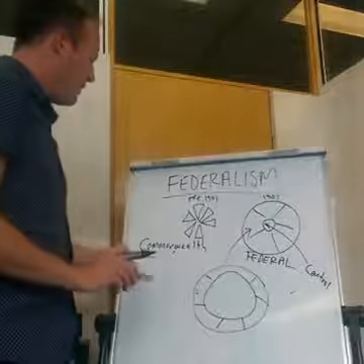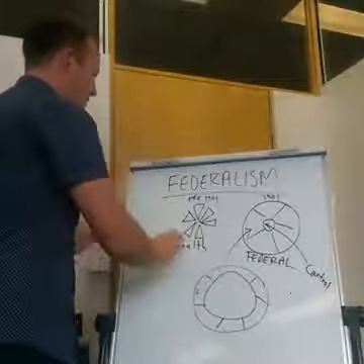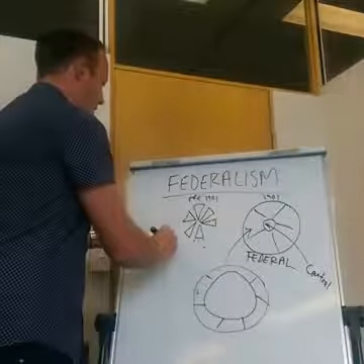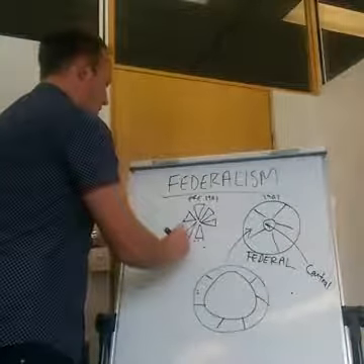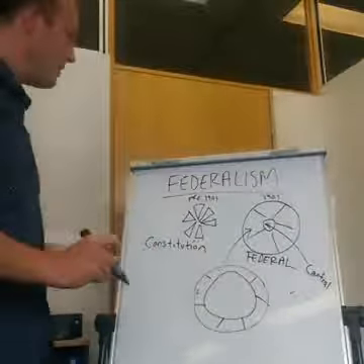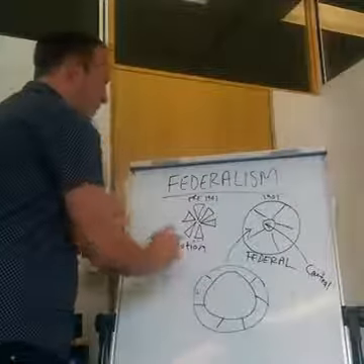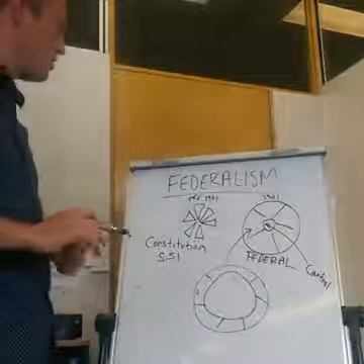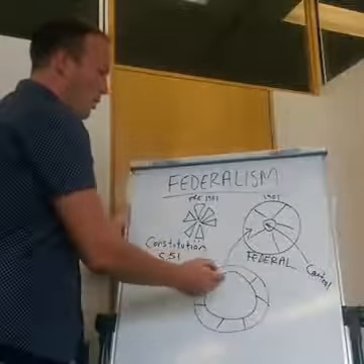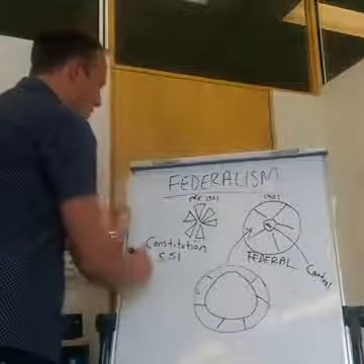Now the key thing about how power is divided is that it's actually written in the Constitution, and it's specifically written in section 51. So in section 51 of the Constitution, it sets out what areas of power the Commonwealth, or the central government, can make laws on. So these are called specific powers.